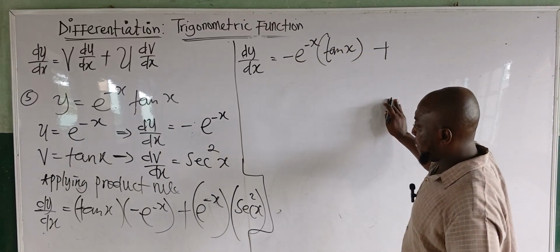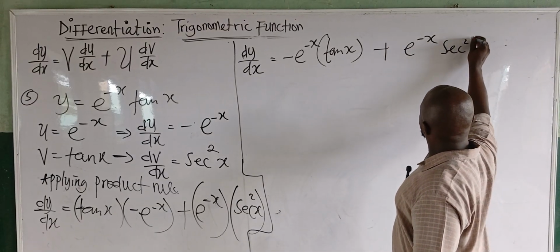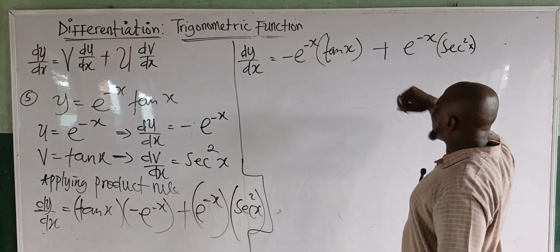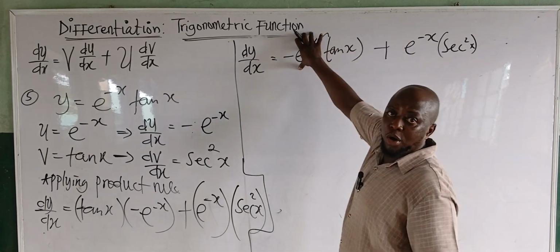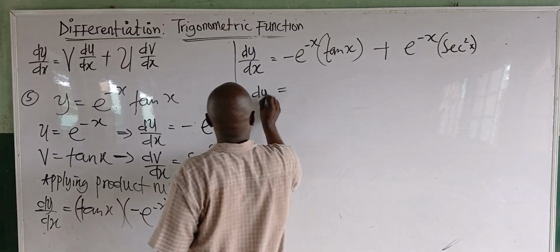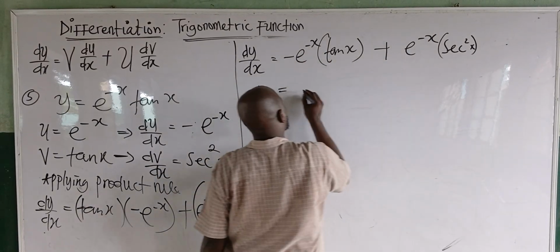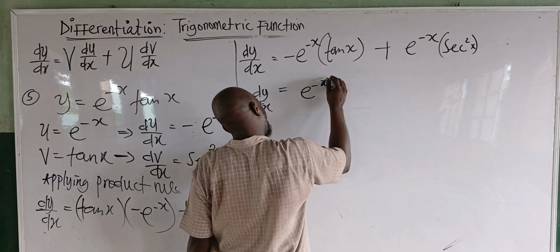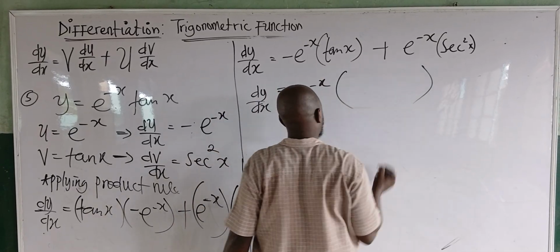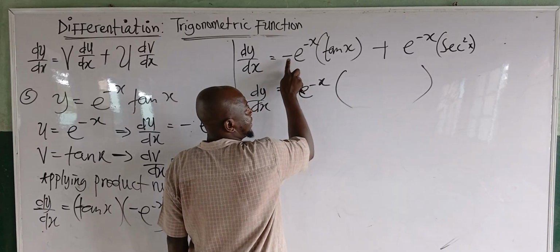Then plus here, do this one now. We have this value, then sec squared x. So that means that this one and this one are common. So bring it out. So we say dy. Why did I say they are common? Look at it here. So bring it out like this. Then open a square bracket like this. This will cancel this. We are having 1. So that is minus 1.